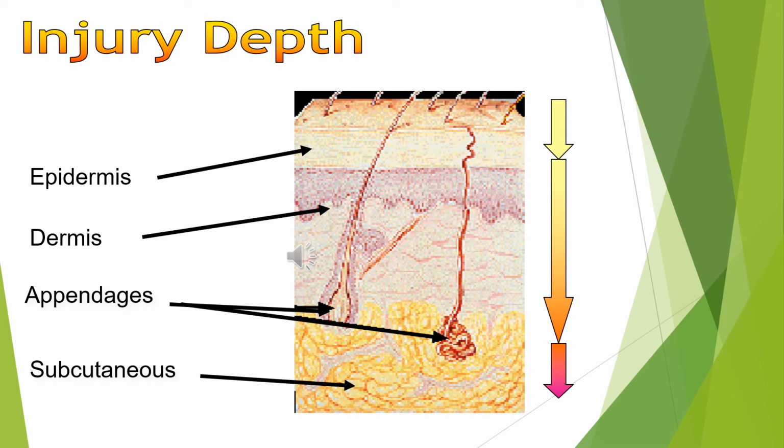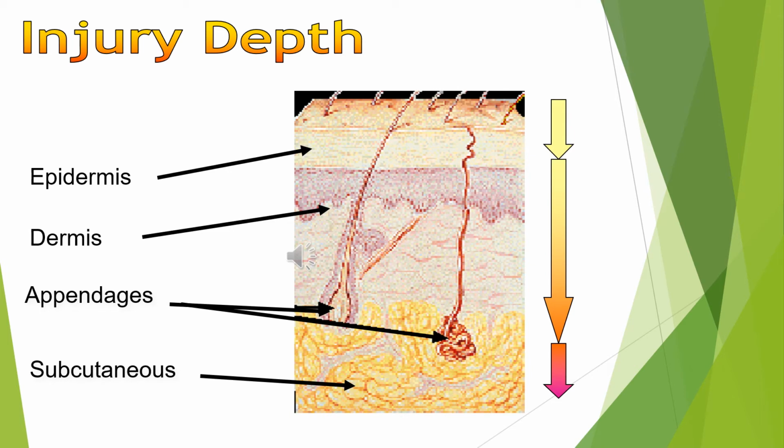Injury depth, again, is going to depend on how much skin tissue has been burned, whether it's gone through the epidermis, the dermis, the appendages, and then the subcutaneous fat. Just also remember that it can go as deep as the muscle, the ligaments, the tendons, and even to the bone. So if the burn is severe enough, we'll see depth all the way down to the bone.